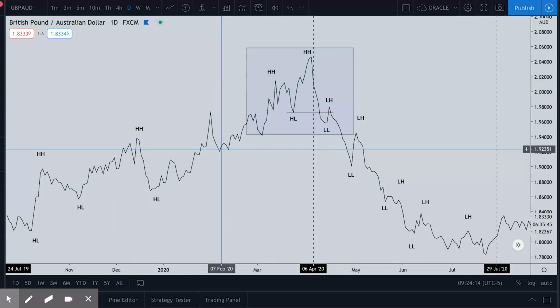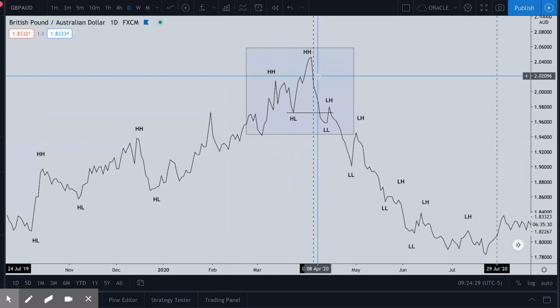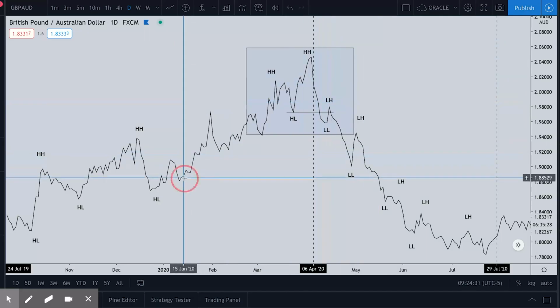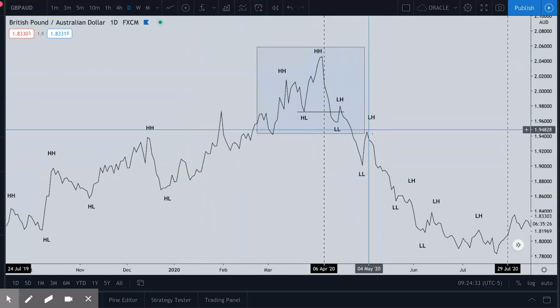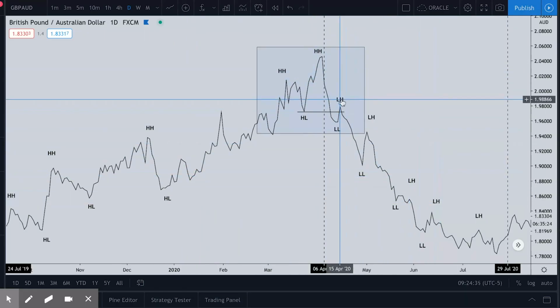That's brilliant. However, my favorite scenarios, my favorite tradable opportunities come from these market trend switch ups, where we go from an uptrend into a downtrend, or from a downtrend into an uptrend. These are my favorite trading scenarios because they allow us to enter right at the top or right at the bottom of a trend to catch the largest possible move.